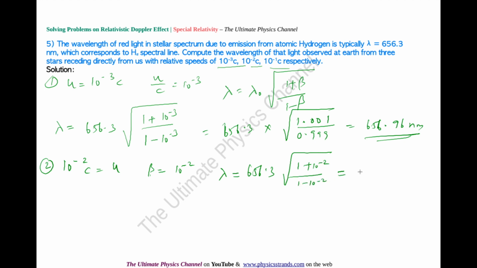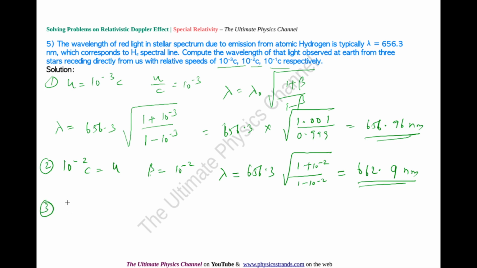So if you do the math here, because of the higher velocity, obviously we will have more redshifting. So this is going to go to 662.9, so to say, nanometers. So this is further increased, right?